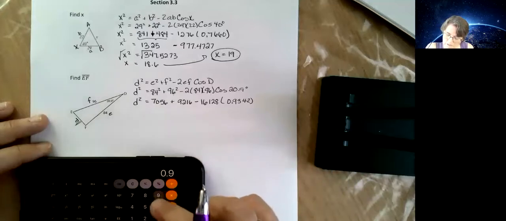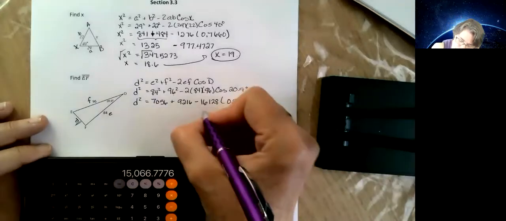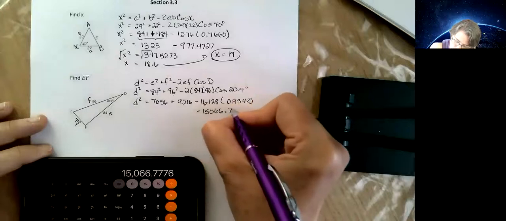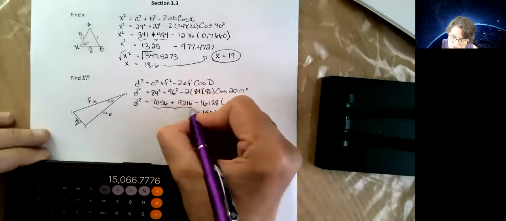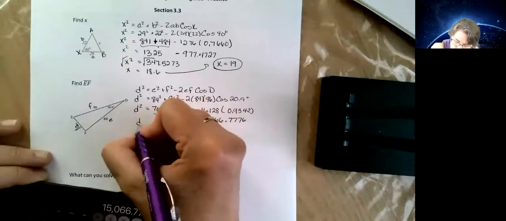Times 0.9342, minus 15066.7776. Let's put these together. 9216. Oh, okay, we're all right.